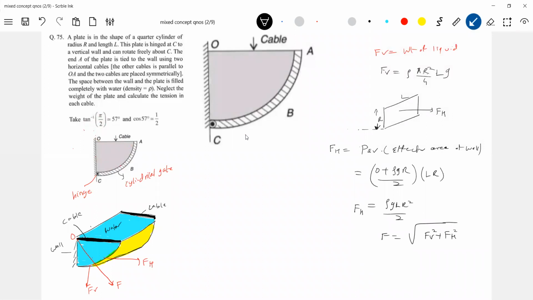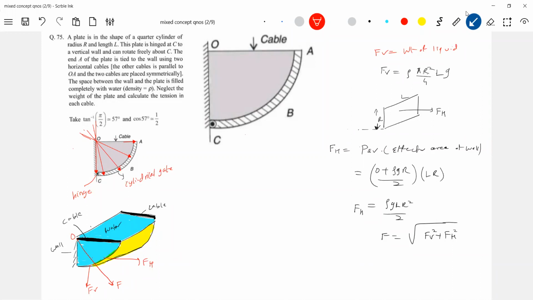So all the forces which are acting, I'll show from O. It should be like this. Do I agree with this? Because the liquid will exert force normally.